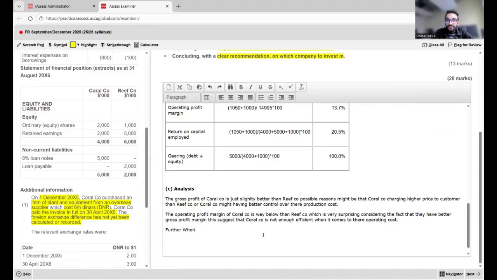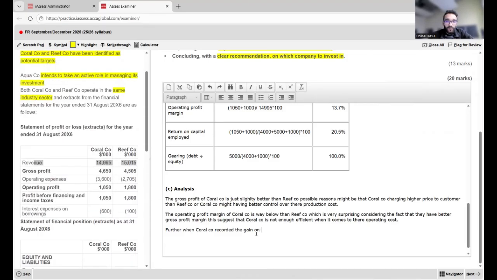Further, when Coralco recorded the gain on foreign currency transaction of $1 million, which led to an increase in operating profits as well as the operating profit margin, right?